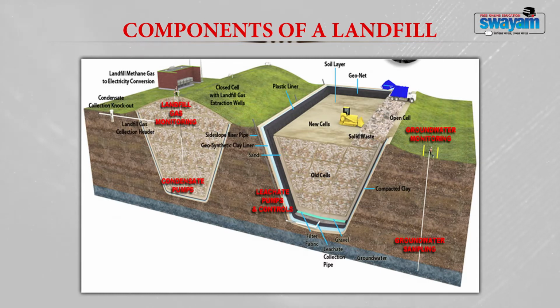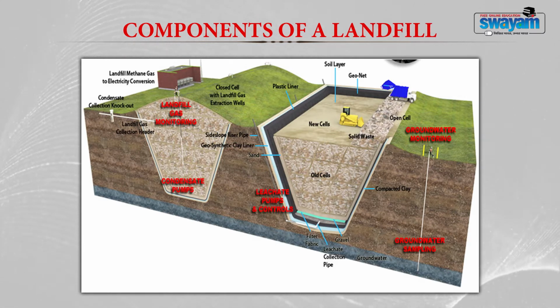On the right side and left side you can see groundwater and landfill gas monitoring stations, and these are specially for post closure monitoring. The groundwater monitoring wells are used for collection of water samples from the groundwater table and then analyzing the water quality.